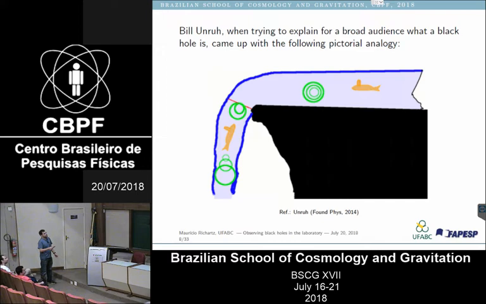When this fish produces a sound wave, it's going to gain speed because of the flow, and it's going to reach this fish easily. On the other hand, if this fish is trying to communicate with this other one, it won't be able to do this if the flow is too fast.